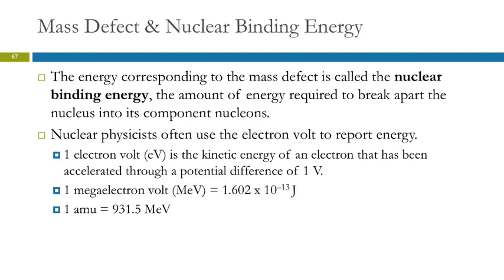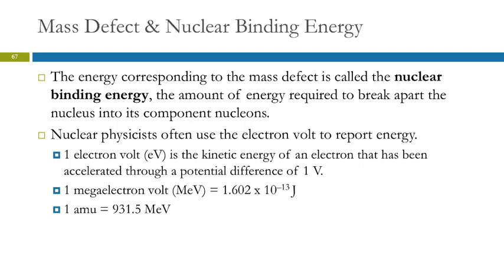And that's the amount of energy it would take to break a nucleus into its components, the protons and neutrons. Does that make sense? I mean, something's got to hold these things together, right? And it's got to involve energy.